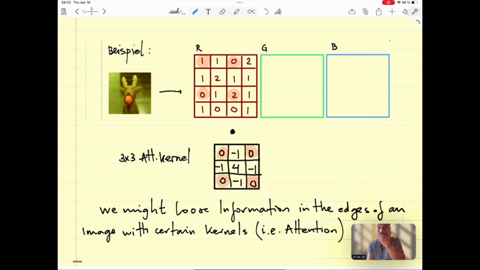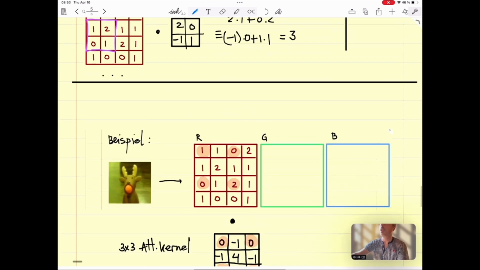Okay. So what do we do? Any idea? No idea? Well, we do something called padding.